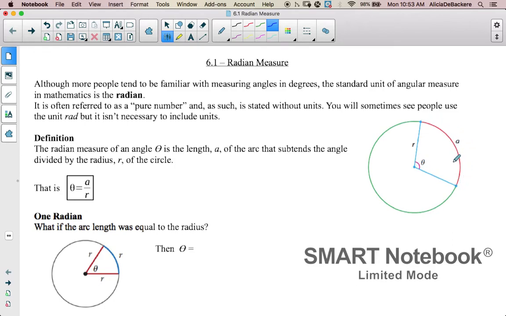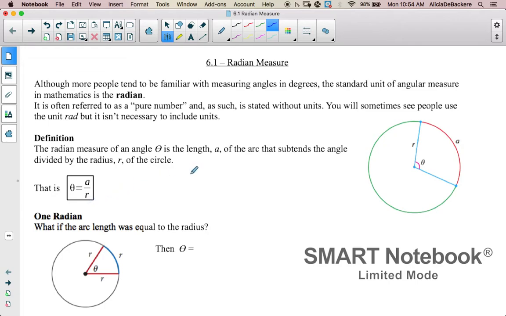So A would be the piece of circumference along the edge of the slice of the pie. And of course, then we need to know the radius of the circle as well. And then altogether, the angle in radians, theta, is equal to the arc length divided by the radius. So that's how we're going to calculate that.